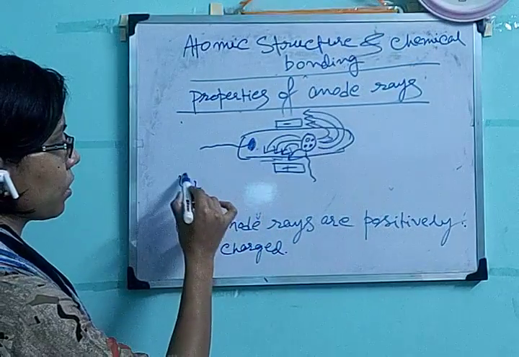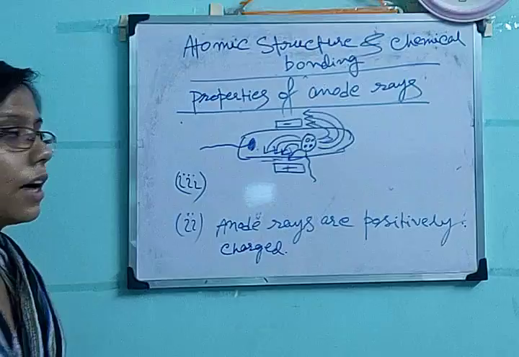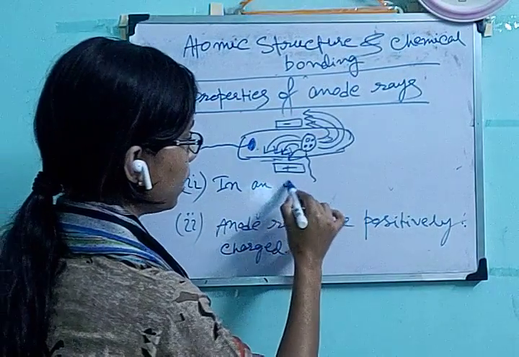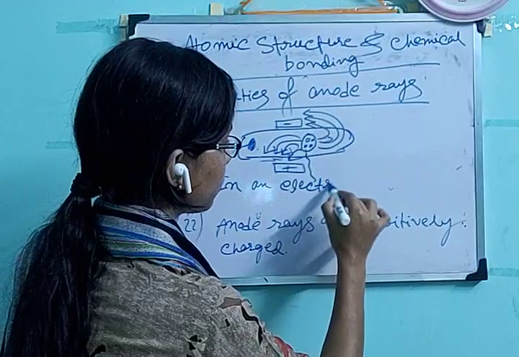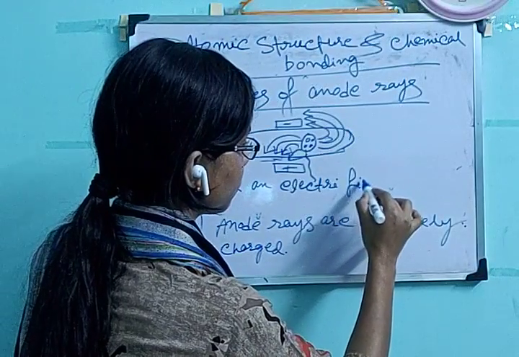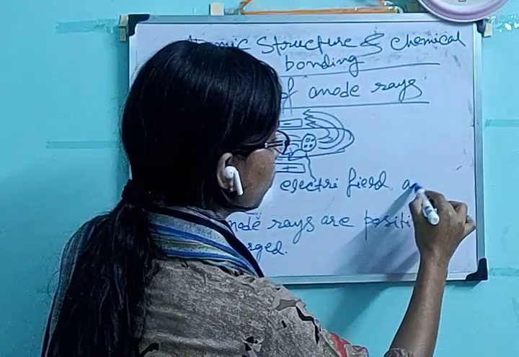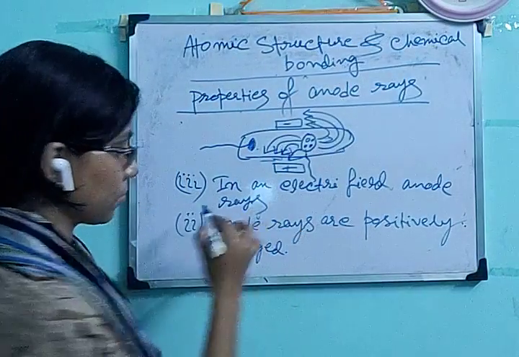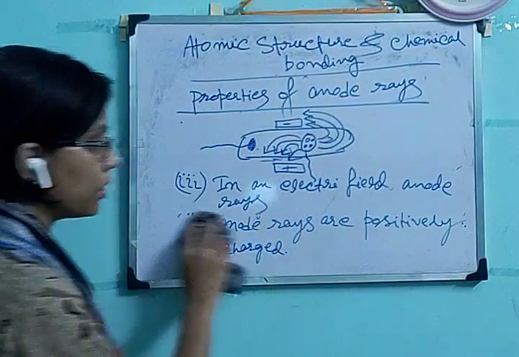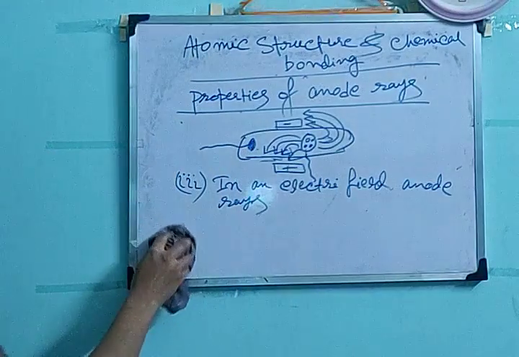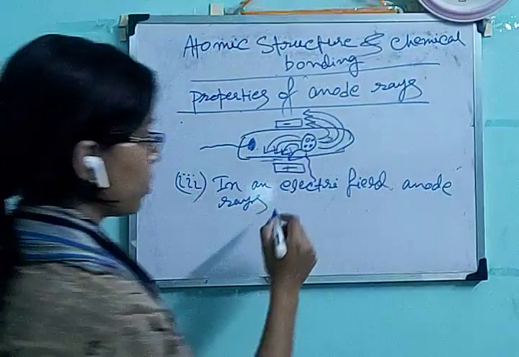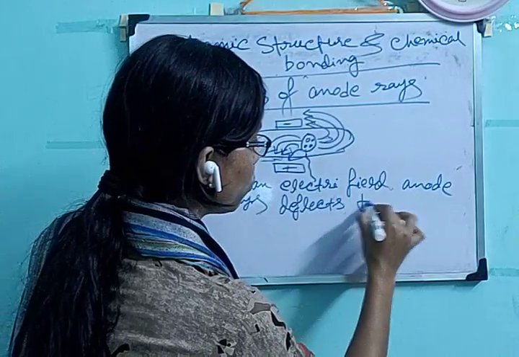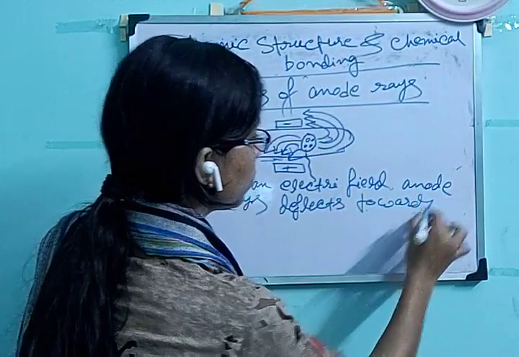So here comes the third point, that in an electric field, anode rays deflect towards what?